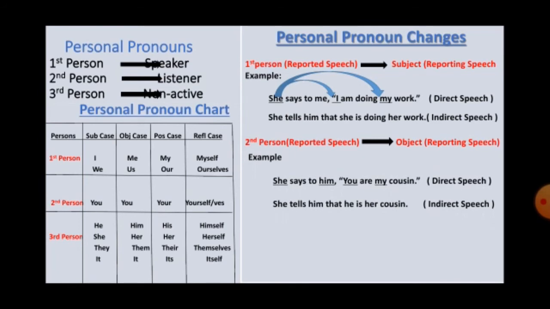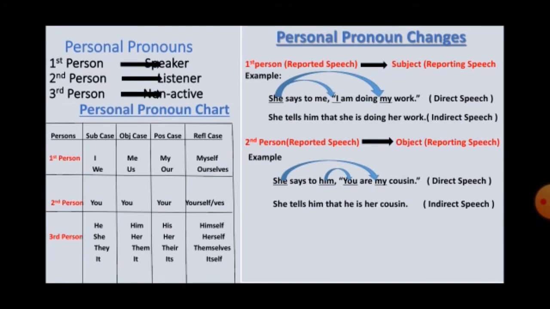For example, she tells him that he is her cousin. So now students, you can see my is first person, first person is changed according to the subject and the subject is she, and you is second person and second person is changed according to the object. So in place of you I have put he, because we do not change the case, we just change the person.